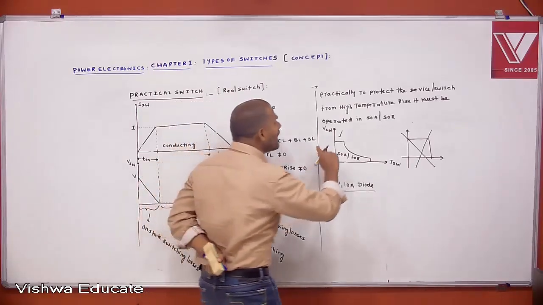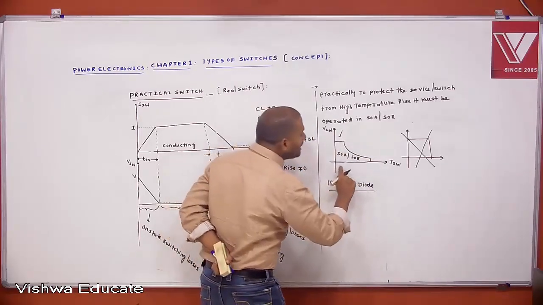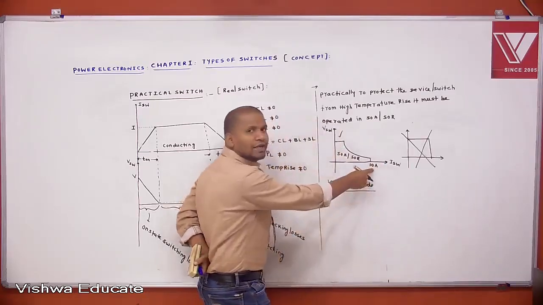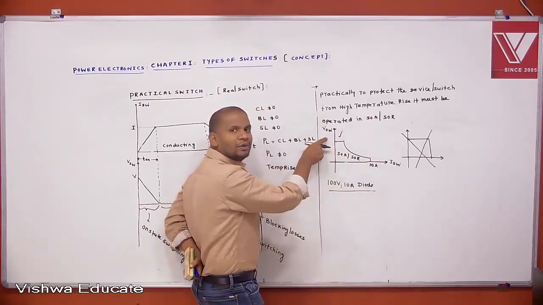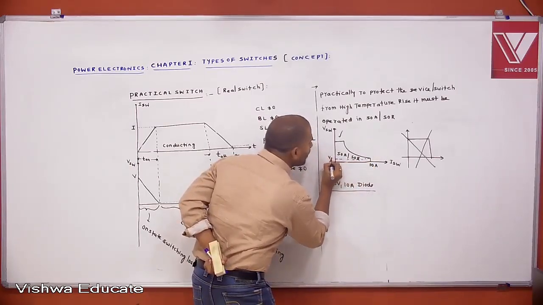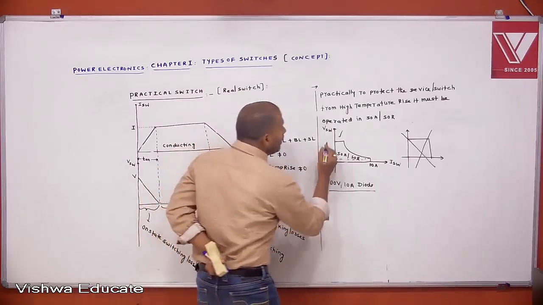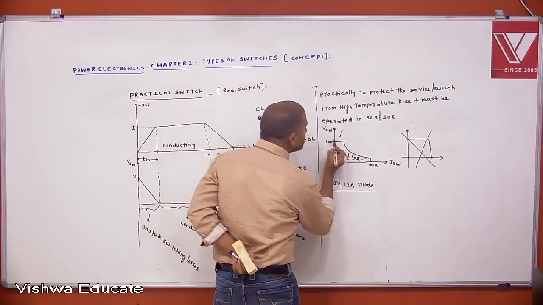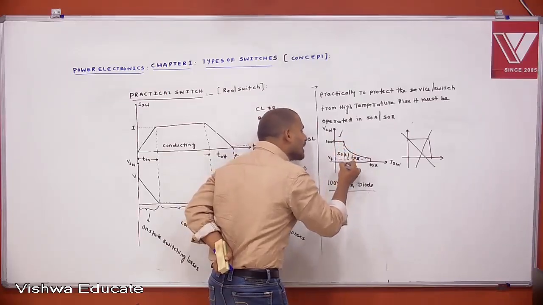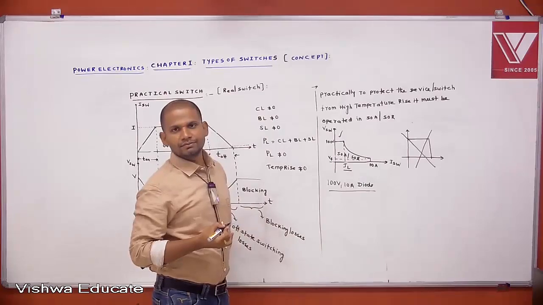That's the reason why I am representing the safe operating area like this. If the diode is carrying the current of 10 ampere, corresponding to 10 ampere, the voltage is not 100 volts; that is the forward voltage drop. If the diode is blocking 100 volts, current is not 10 ampere; corresponding to 100 volts, the current through the diode is a very small current, the leakage current.